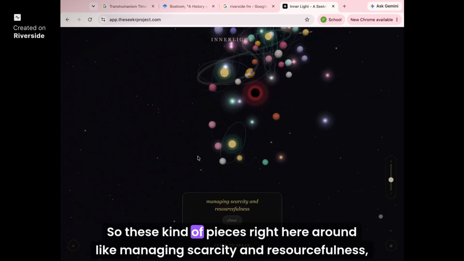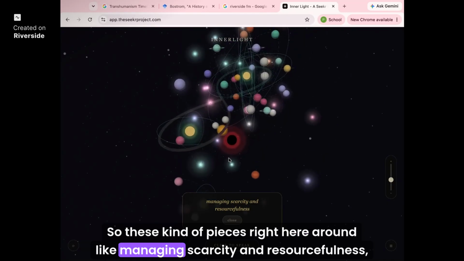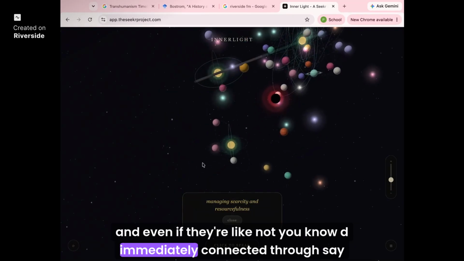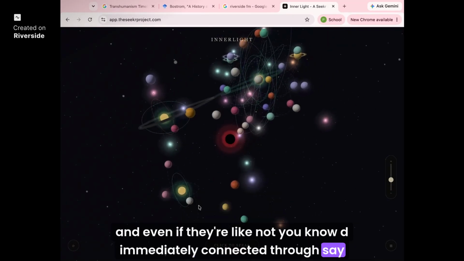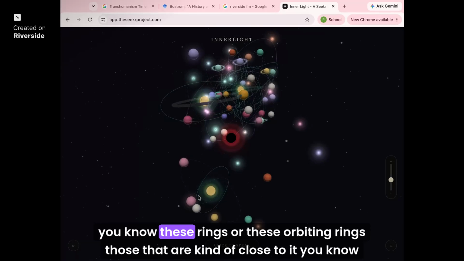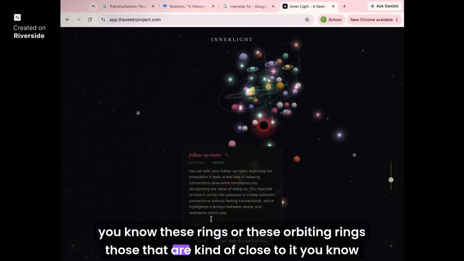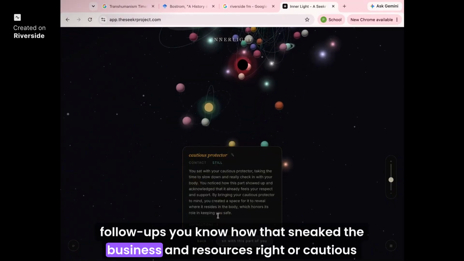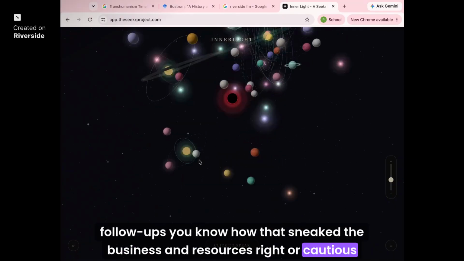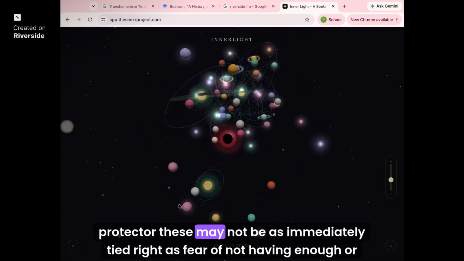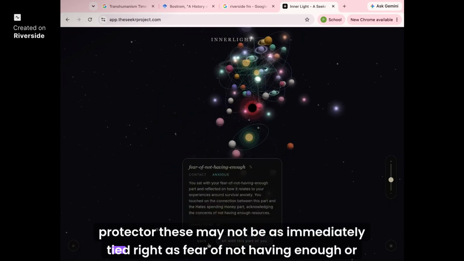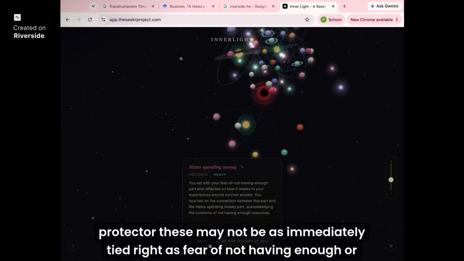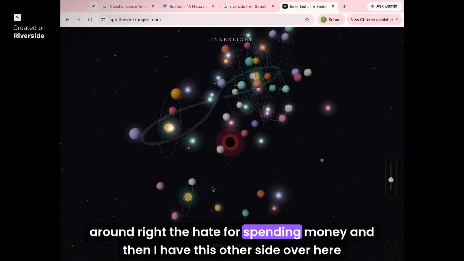These pieces right here around managing scarcity and resourcefulness, even if they're not immediately connected through these orbiting rings, those that are close to it follow up on how that's connected to business and resources, or cautious protector. These may not be as immediately tied as fear of not having enough, or the hate for spending money.